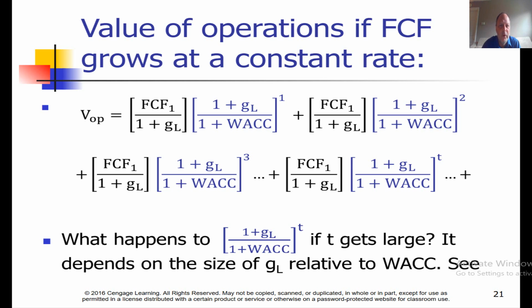Now we have value of operations is free cash flow 1 over 1 plus the growth rate. We can pull that out, and then we have 1 plus the growth rate over 1 plus WACC, first to the first power, then squared, then cubed, etc. And this is a geometric series. As long as the growth rate is less than WACC, then this will converge to a constant that we can calculate and use.